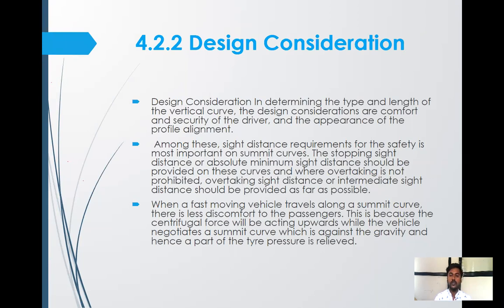Then, when a fast moving vehicle travels along the summit curve, there is less discomfort to the passenger. This is because the centrifugal force will be acting upward while the vehicle is negotiating the summit curve, which is against gravity, and hence part of the tyre pressure is relieved.